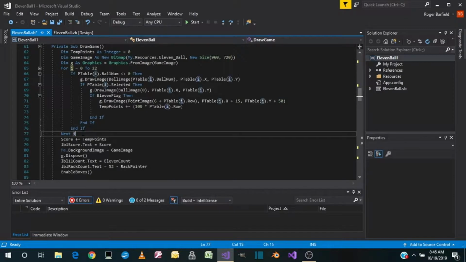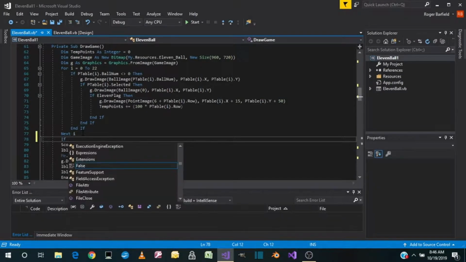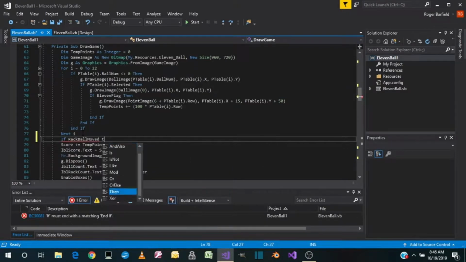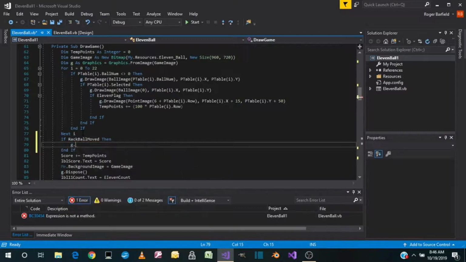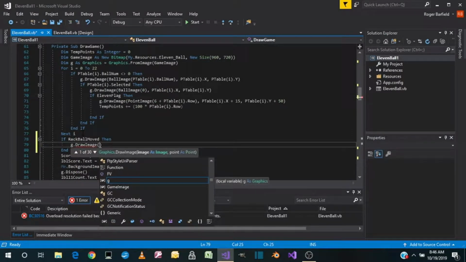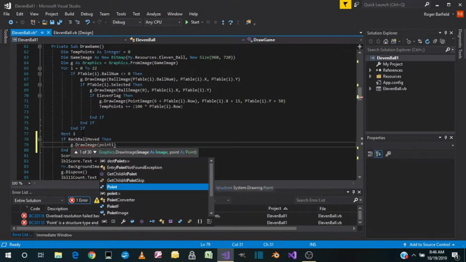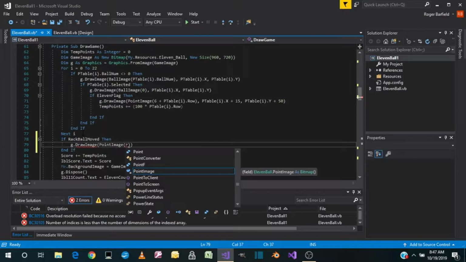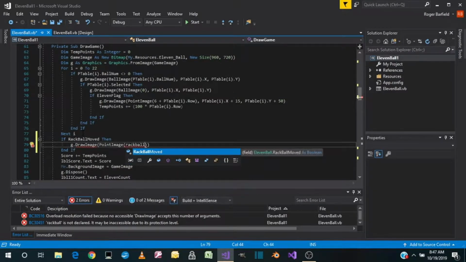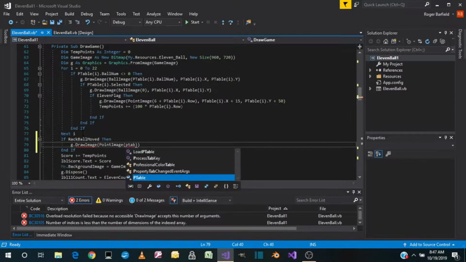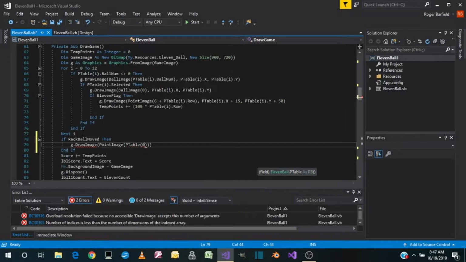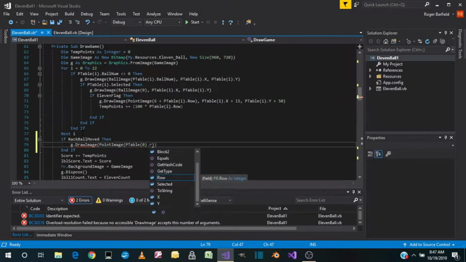And after it goes through this loop, if rack ball moved, then G dot draw image, and we want to draw the points in a negative number, so we need the point image, rack ball, P table, P table 0 for the rack ball dot row.